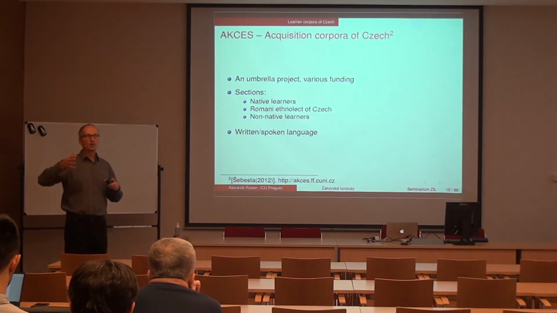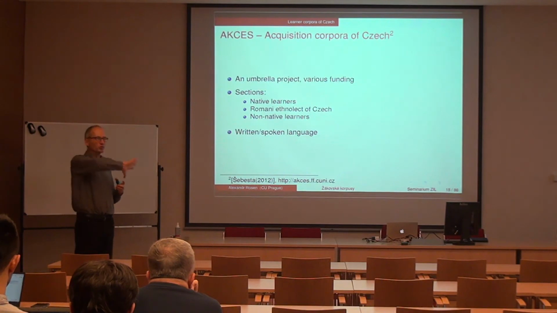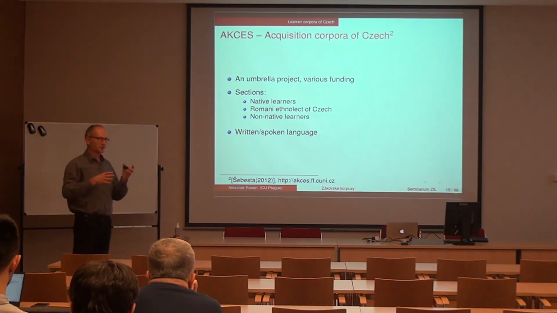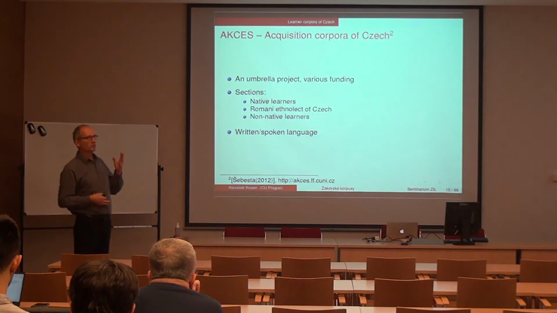Maybe the family has roots in Slovakia, and maybe the dialect of Silesia also comes into question, because those families moved to the Czech part of the former Czechoslovakia via Silesia. So it's quite specific, and also the family surroundings are different than with children who are Gajo.